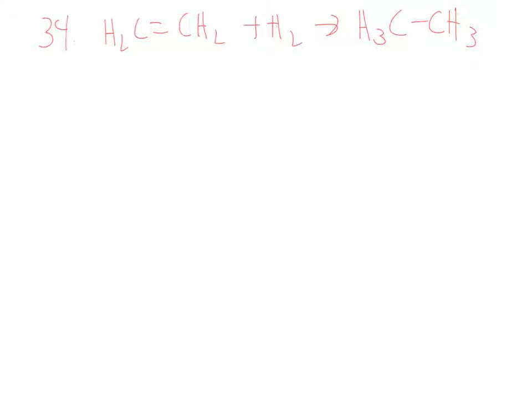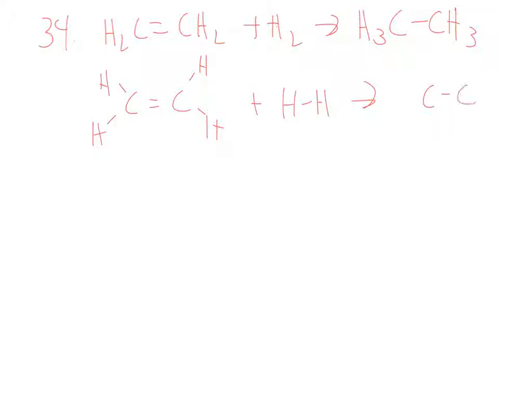In question number 34, they want you to use the bond enthalpies to calculate delta H for the reaction. So when I look at this, the H2C is letting me know that it's two hydrogens single bonded with the carbon double bonded and the H there. And then I've got the H2 single bonded to itself.